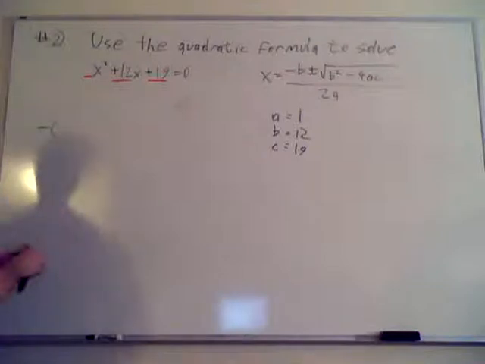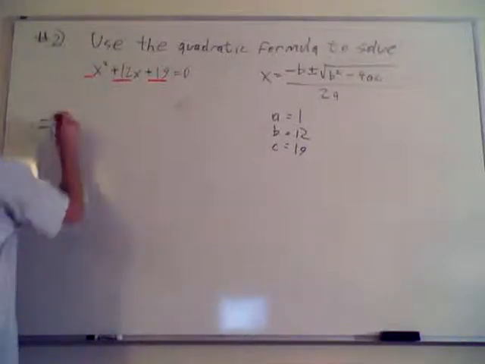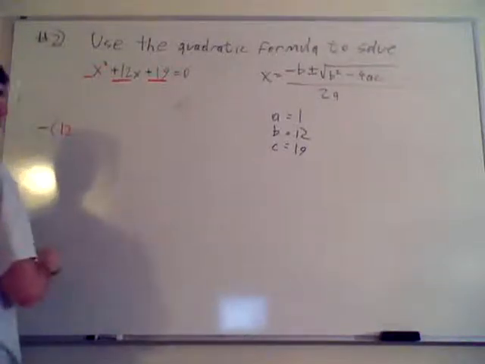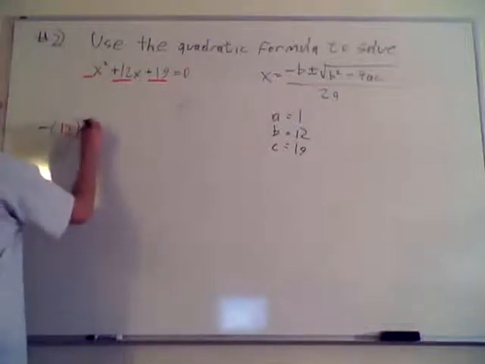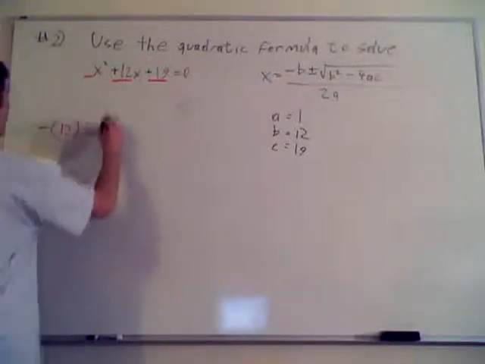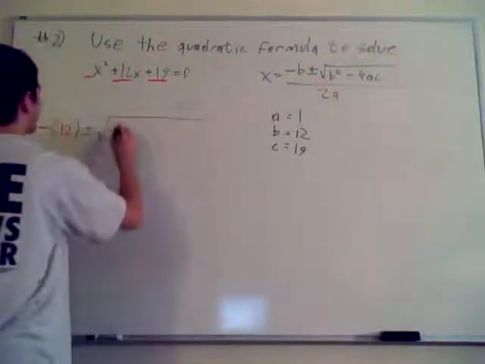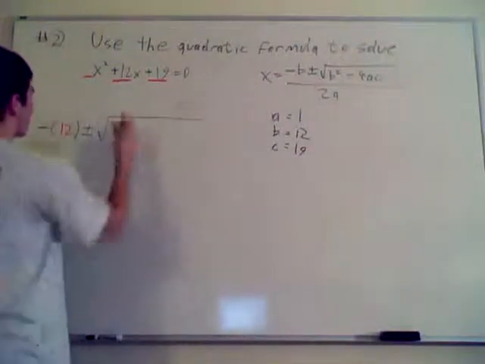Negative b. b is 12. Plus or minus the square root of b squared. Again, b is 12.